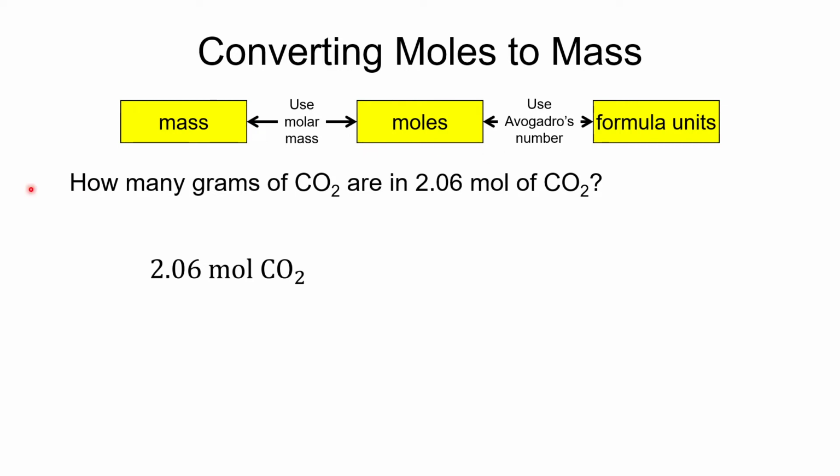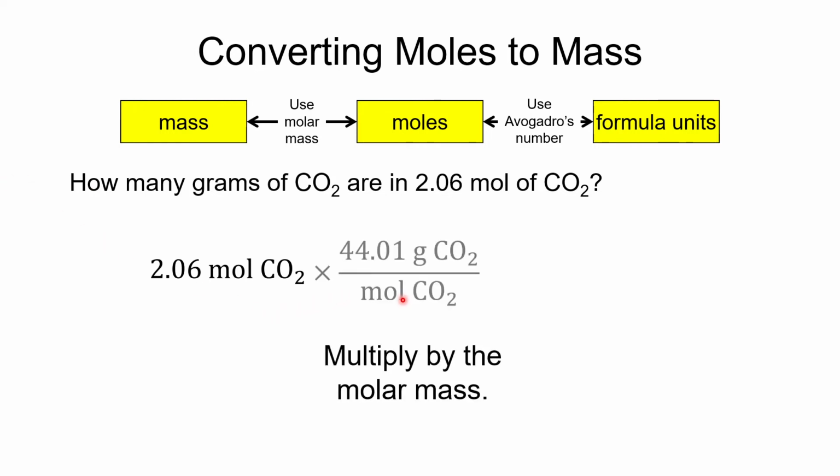The best way to do it is just to do the dimensional analysis. So our molar mass is 44.01 grams per mole. Our moles of CO2 will end up canceling out. And we'll just take those numbers and multiply them, and we have 3 sig figs. So we'll go out to 90.7 grams of CO2.